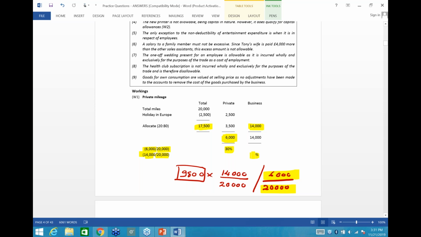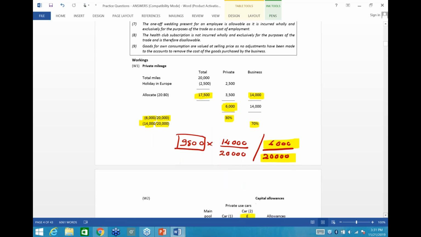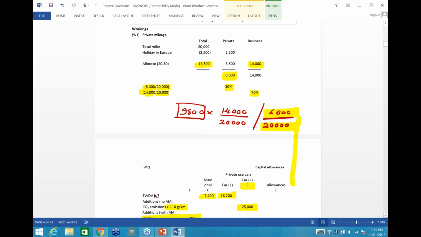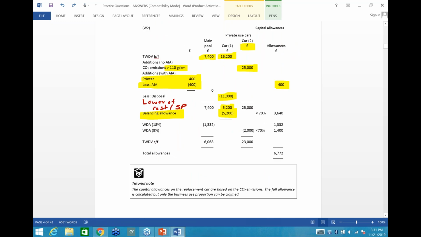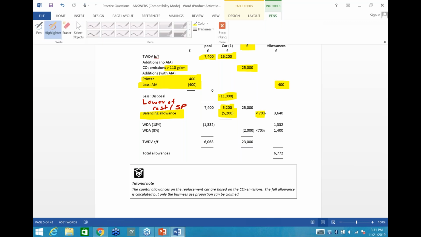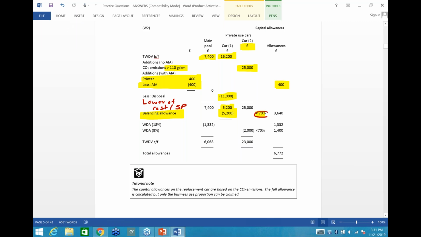So that means from the balancing allowance figure, we can only claim 70% as balancing allowance or capital allowances. So you can see this is very important. We can claim only 70% of the balancing allowance as capital allowances, which is 3,640.